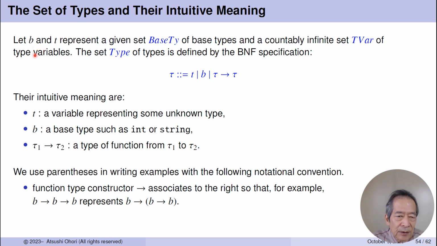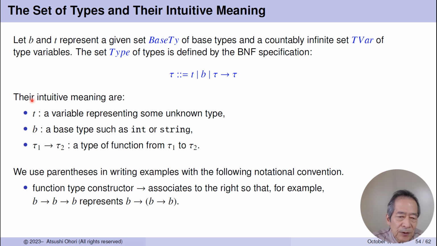Under this assumption, namely assuming that two sets, this set and this set, are given, the set of types is defined by the BNF specification of this. By this we understand that this defines a freely generated set, so we omit parentheses around, and each element determines completely its structure. That is our assumption.